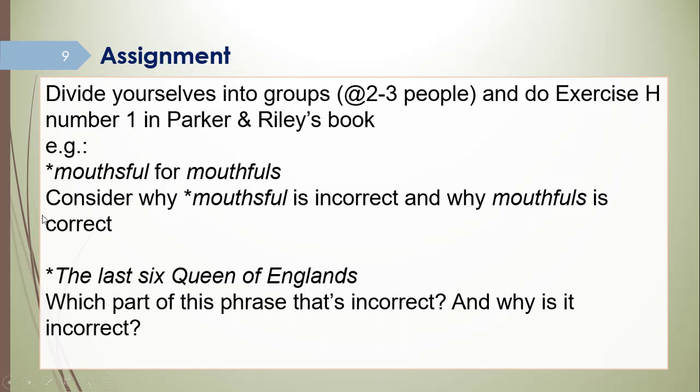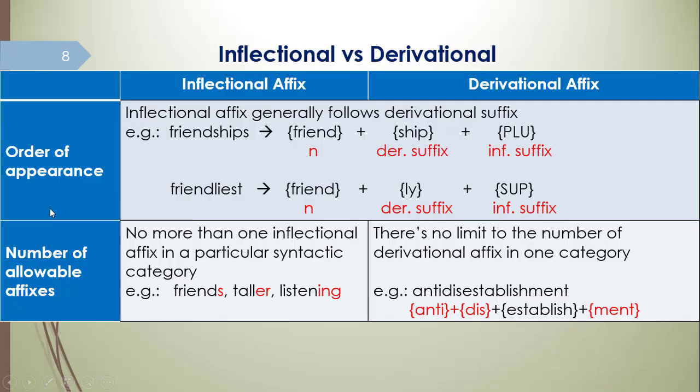And this is how you do the assignment. For example, number 1, there is *mouthful for mouthfuls. Jadi yang ada tanda bintangnya atau asterisknya selalu salah ya. Consider why mouthful is incorrect and why mouthfuls is correct. Actually, this has something to do with the order of appearance.